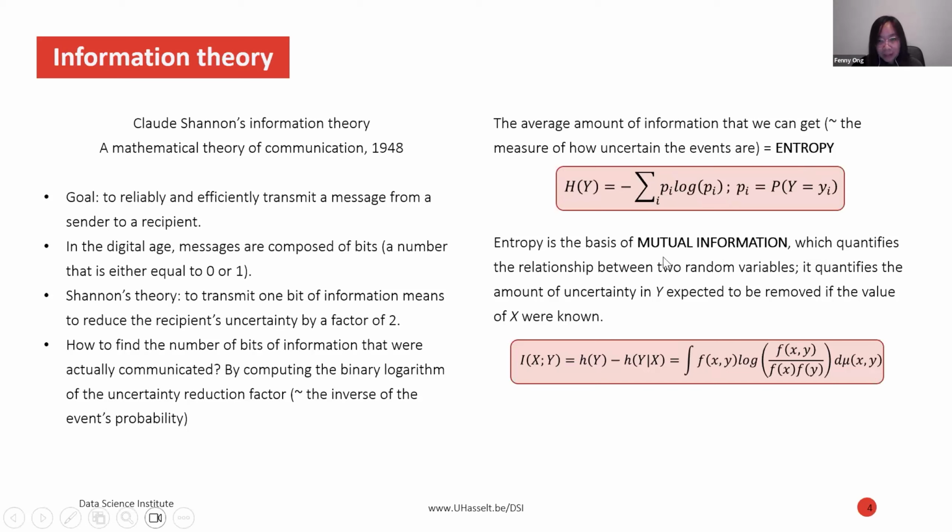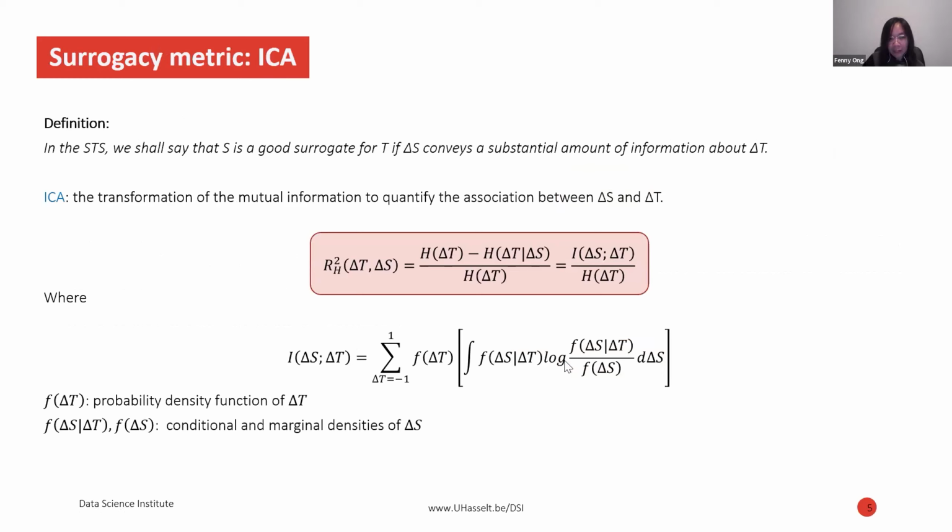It is also the basis of the mutual information, which quantifies the relationship between two random variables. Essentially, mutual information quantifies the amount of uncertainty about one variable expected to be removed if another variable becomes known. Based on this understanding, it is natural to quantify the association between delta T and delta S using the mutual information, and we call this measure the individual causal association, or ICA.